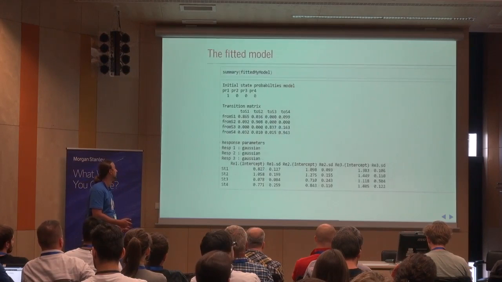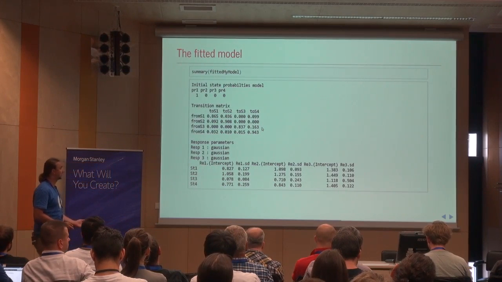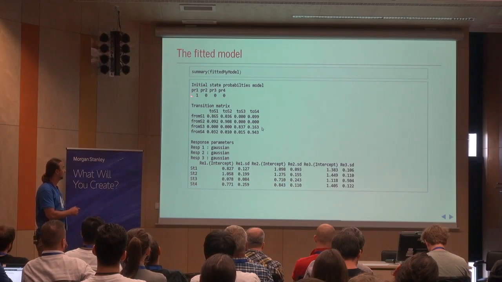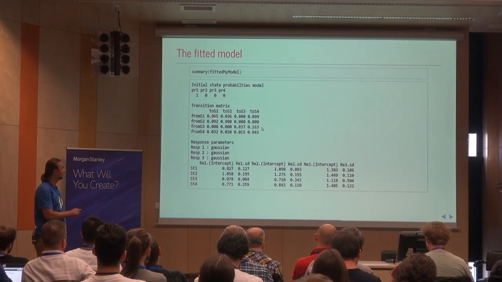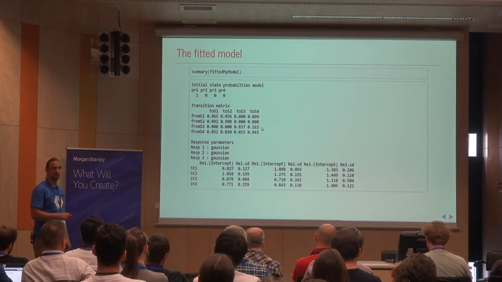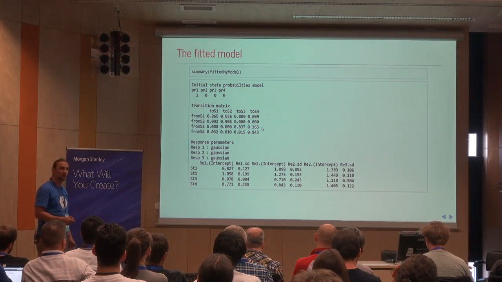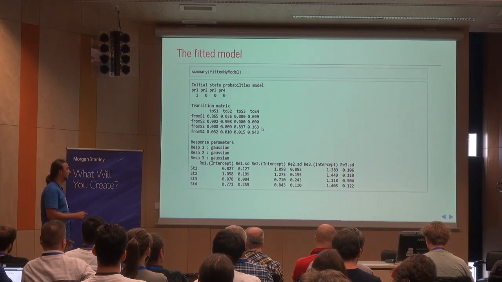We are very lucky. Now, let's see the summary of the model. You can see that the initial state is specified by us, and here is a transition matrix. You can see that the diagonal, the eye of the matrix, is very strong, so the self-transition probability is very high.